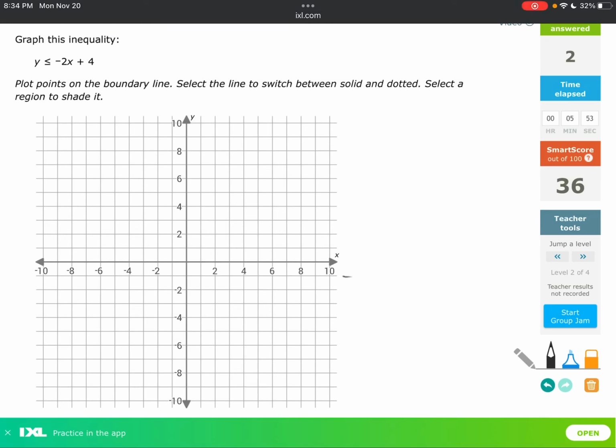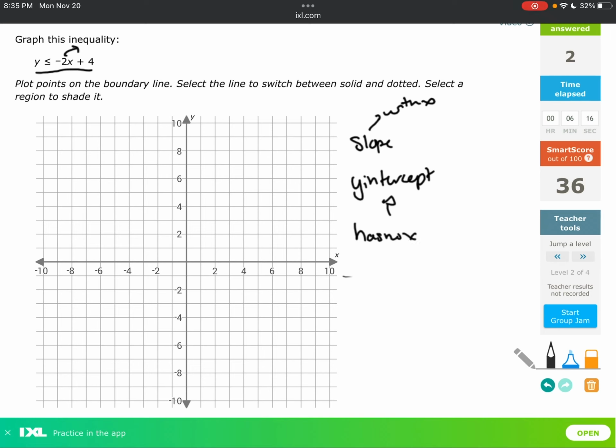So if I'm given an equation that's in this y equals form, the easiest way would be to identify the slope and the y-intercept. In an equation like this, the slope is always the number with x, and the y-intercept has no x.